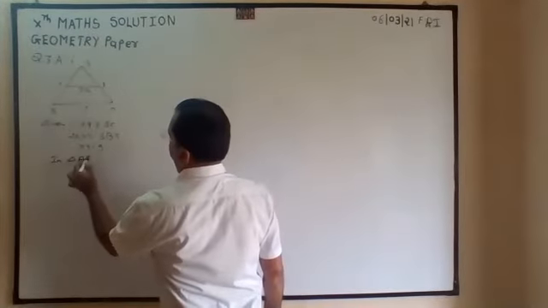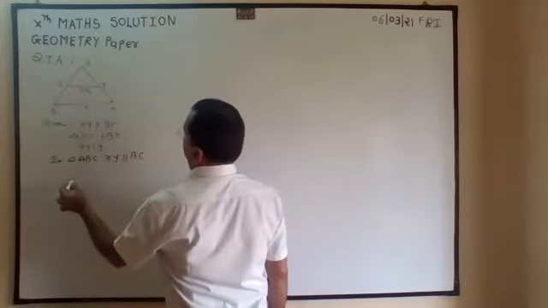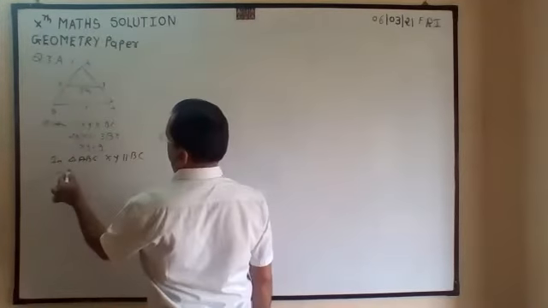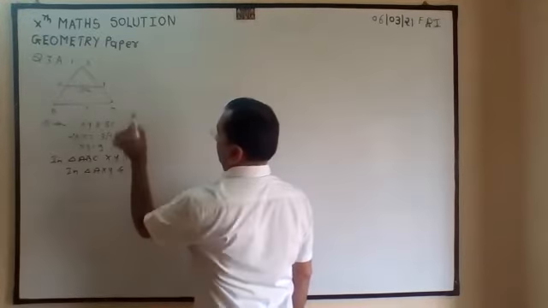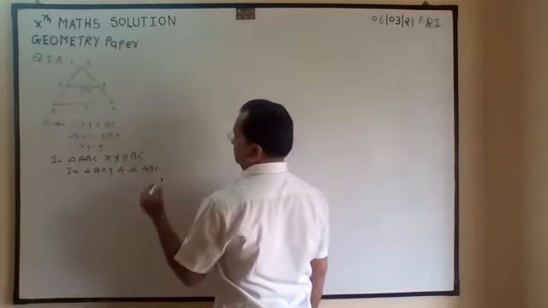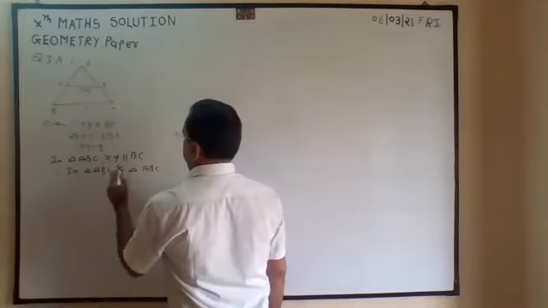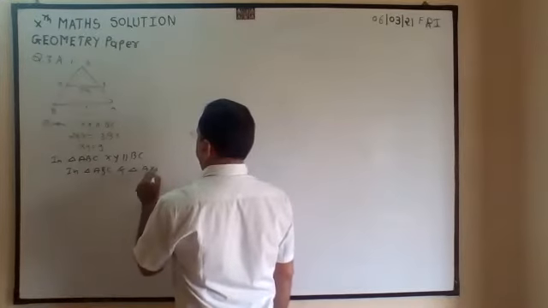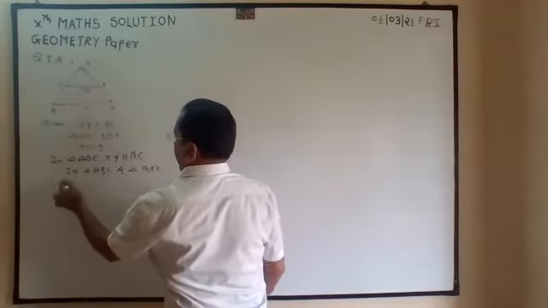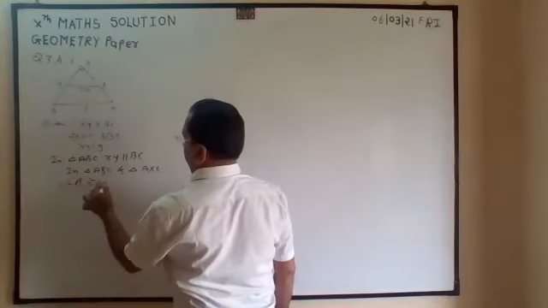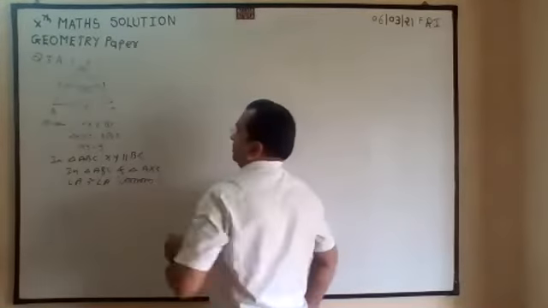In triangle ABC, XY is parallel to BC. Therefore, in triangle AXY and triangle ABC, or you can take ABC and AXY, bigger, smaller. Angle A is congruent to angle A, common.